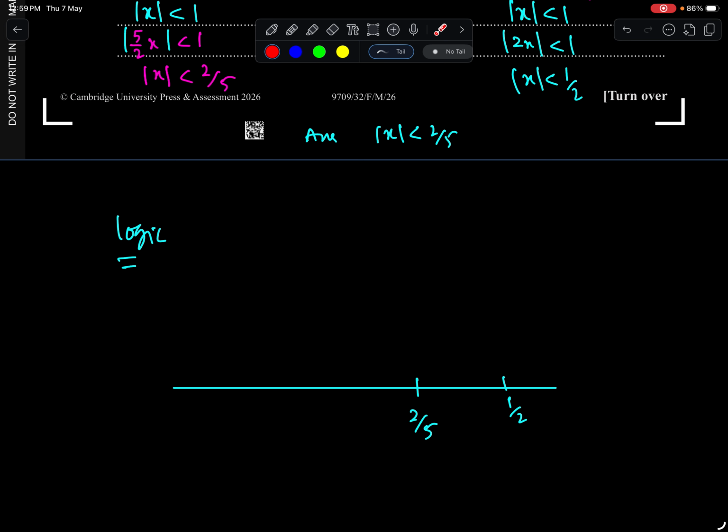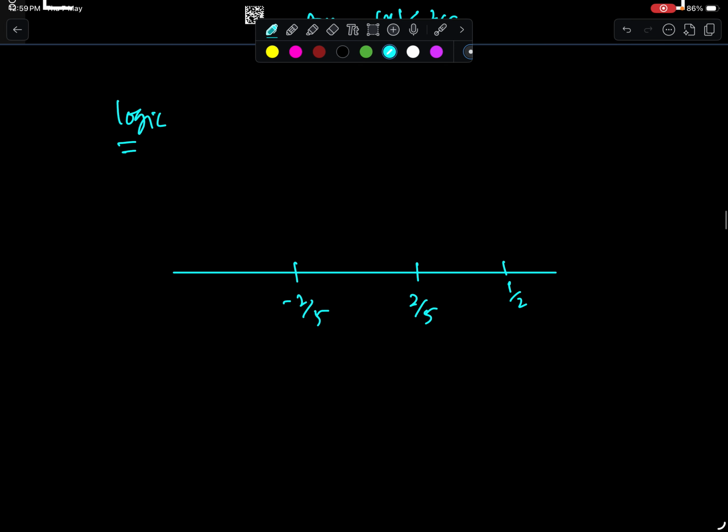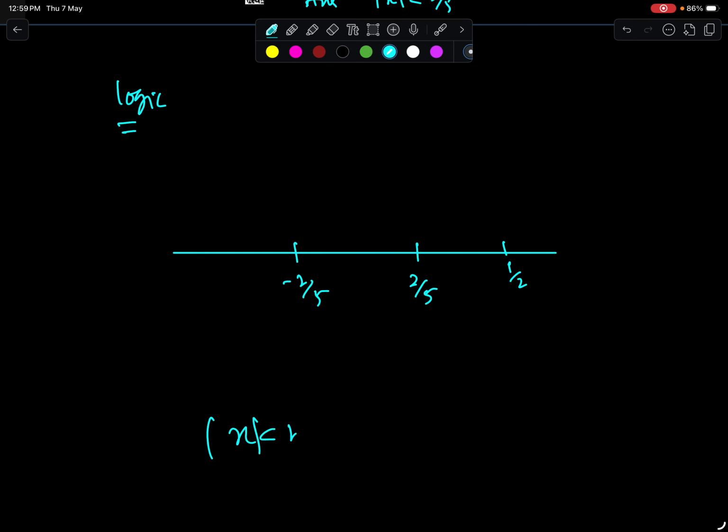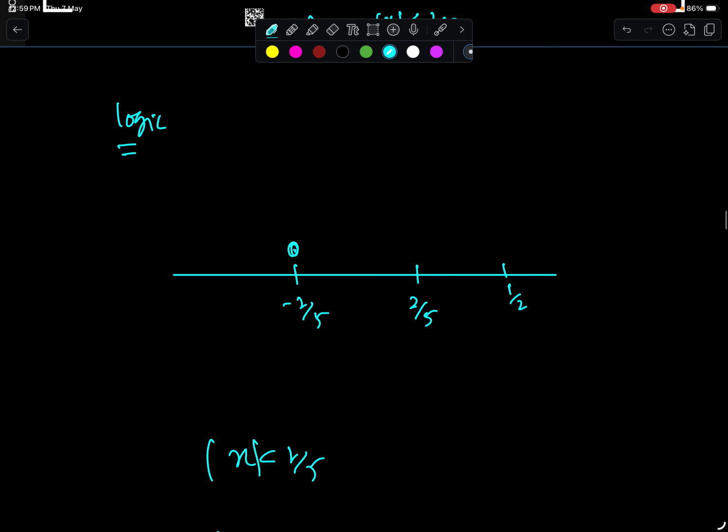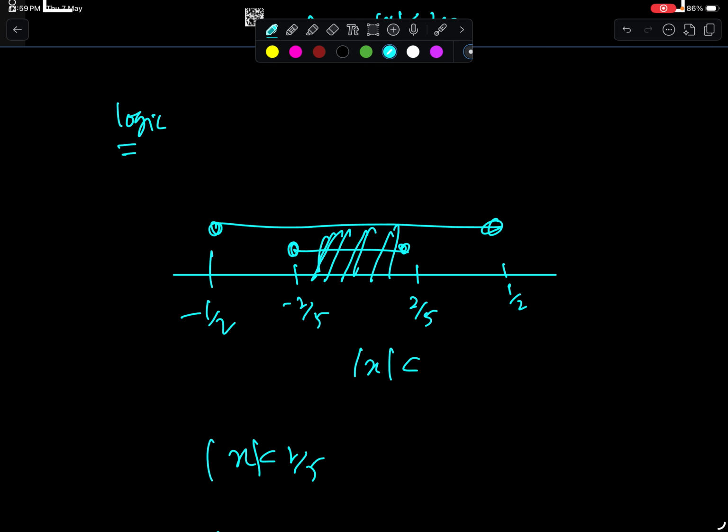If we sketch in case of modulus, then you remember modulus, when you simplify modulus, you'll get like this, minus 2 upon 5, 2 upon 5. So this and this. See, this is the final answer. So modulus x less than 2 upon 5 is the final answer.